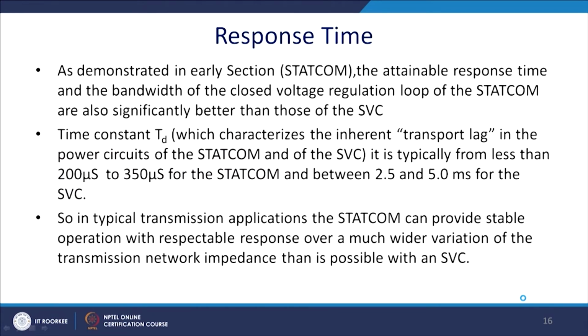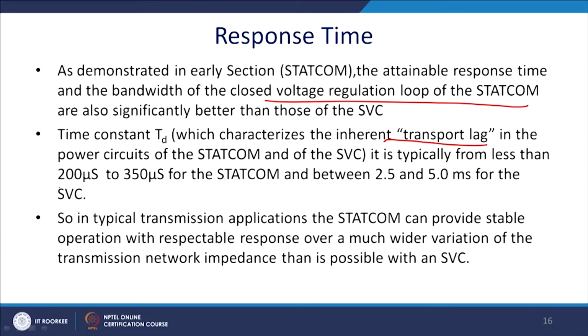As demonstrated earlier, the attainable response time and the bandwidth of the closed voltage regulation loop of the STATCOM is also significantly better than the SVC, because we have discussed that the SVC has to wait for the cycles to start and all those things, but you can change the modulation index very fast.